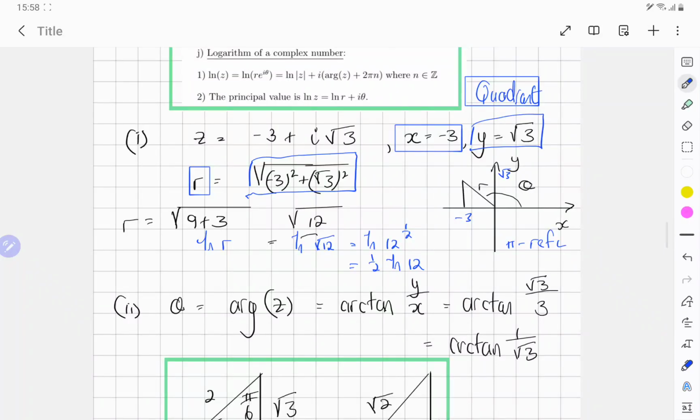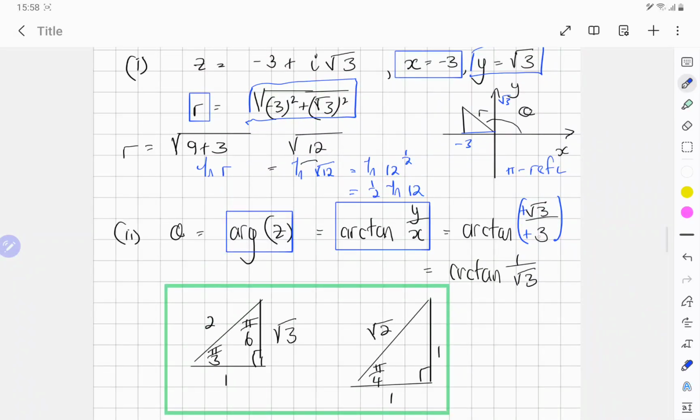For the argument, for theta, we always say the arctan of y over x. Now note here, very important, I only use positive y and positive x, even though x is negative. For what reason?